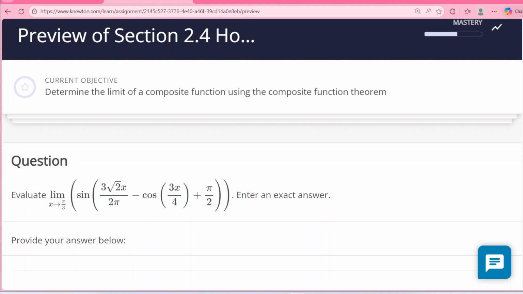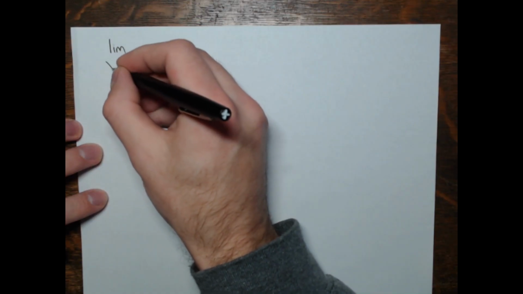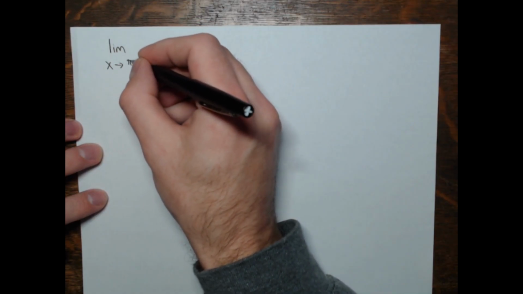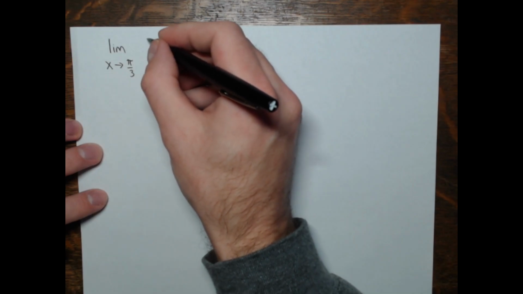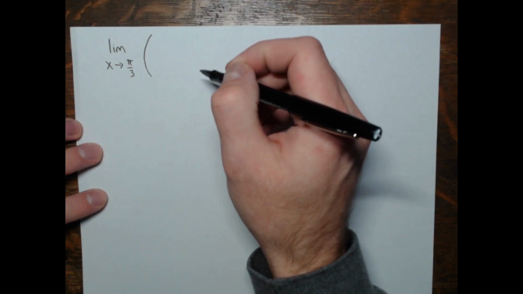So for example, here we have the limit as x approaches pi over 3 of this function with a bunch of trig stuff in it.